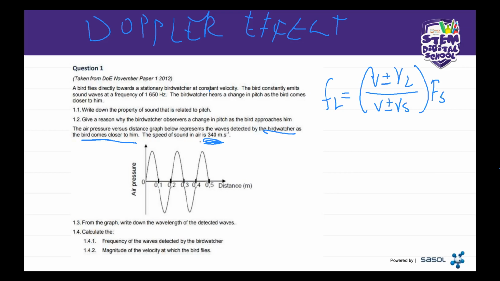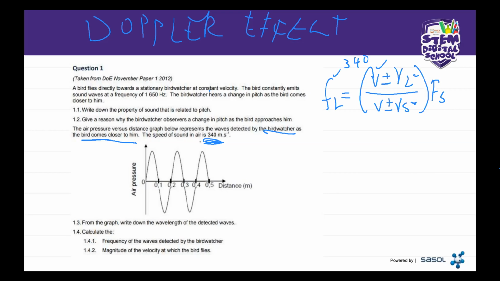So this is what we have: FL, which is the frequency of the listener, V, the speed of sound, which will always be 340, the velocity of the listener, the velocity of the source, and the frequency of the source.